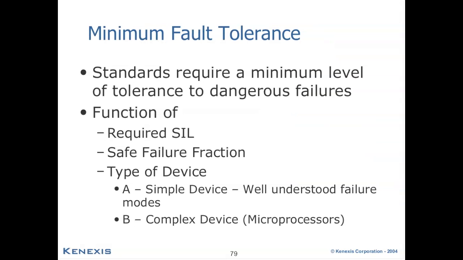As mentioned before, a minimum degree of fault tolerance may be necessary at higher SIL levels. What the minimum fault tolerance will be for each of your groups will be dependent on the required SIL of the function, the safe failure fraction of the function, and in some applications, as defined in IEC 61508, the type of device. IEC 61508 defines these types as either A, being a simple device with well-understood failure modes, or B, a more complex device such as microprocessors.